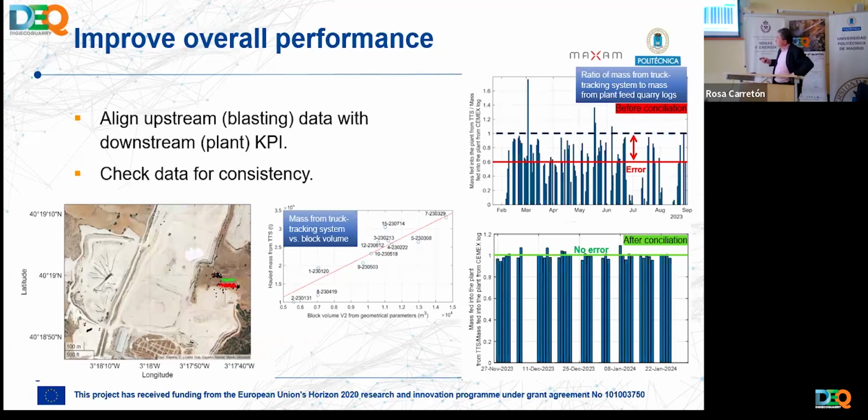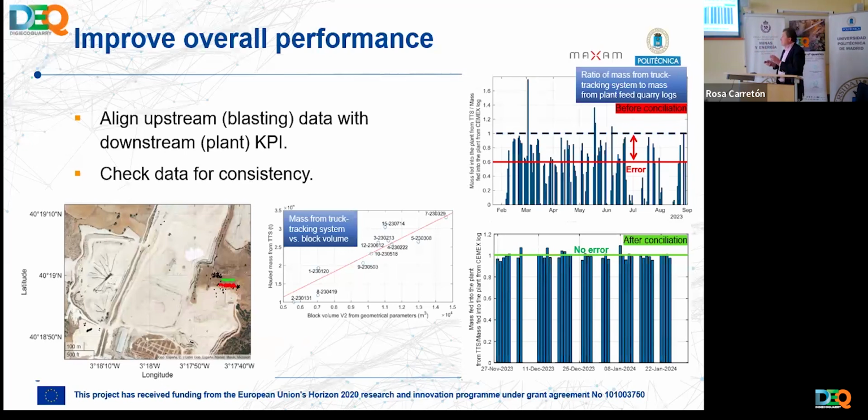By the way, in the truck tracking system, this green is the blast. These are the blast codes, the colors, and these are points where, because a GPS system was mounted on the trucks of this quarry, we knew when the trucks were being loaded and when the trucks were dumping.